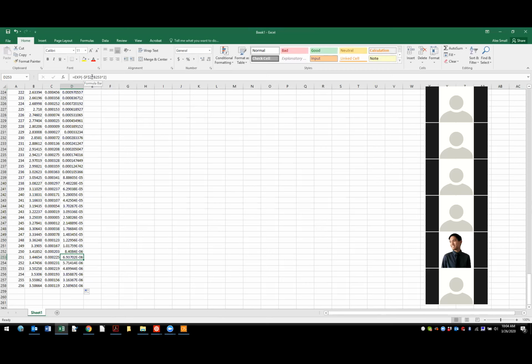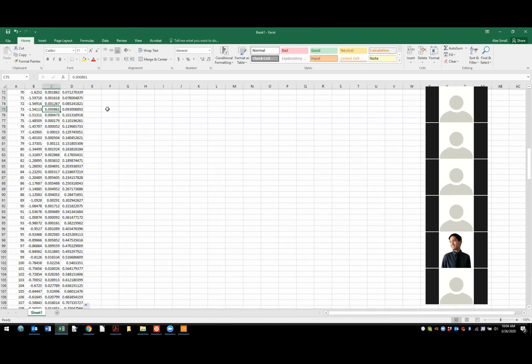But for that first number, because I put those dollar signs in, I said, hey, when I drag it, don't change that row. Anything that I don't put a dollar sign on changes the row when I drag. Anything that I do put a dollar sign on doesn't change the row. So now I've got these two expressions next to each other, all right?